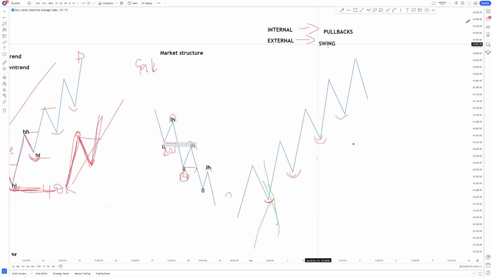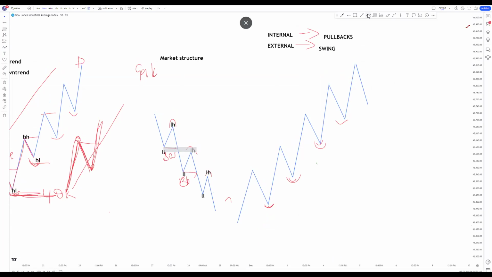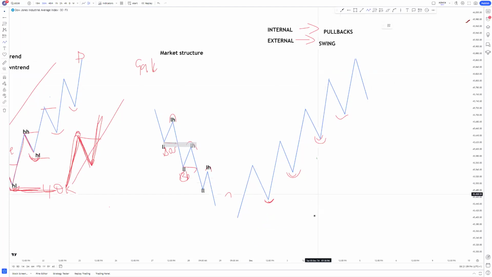Because if you have a move from here to here, back here, and a push, for price to move from here to here, like I said, price does not move in a straight line.